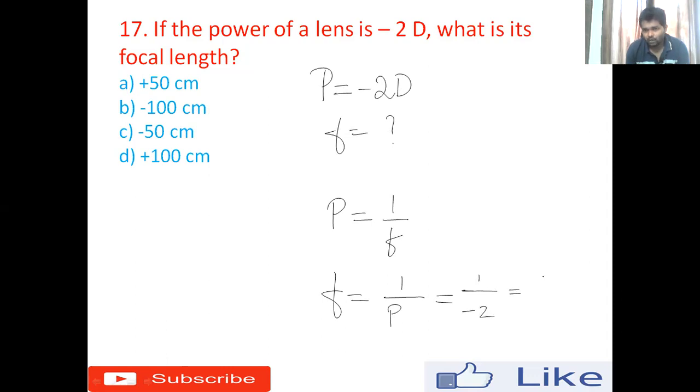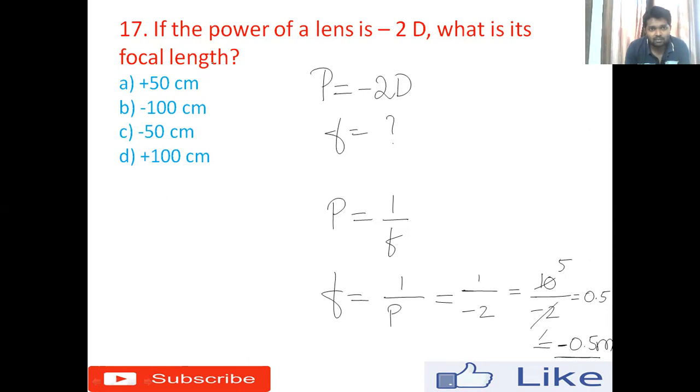In the denominator 2 is there, in the numerator 1 is there, so I'll put 0 and a decimal point in the answer. Because I have taken 10 here, 2 fives are 10, so that is 0.5. But in the denominator minus is there, so the answer must be taken as minus 0.5 meter.